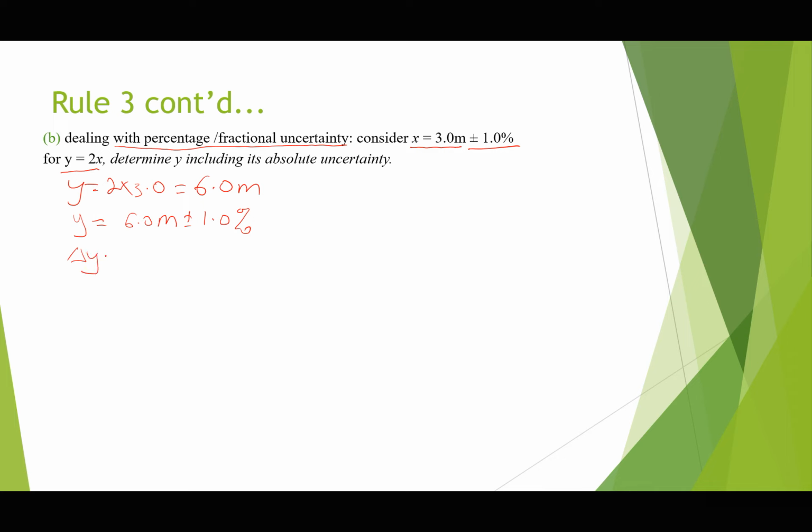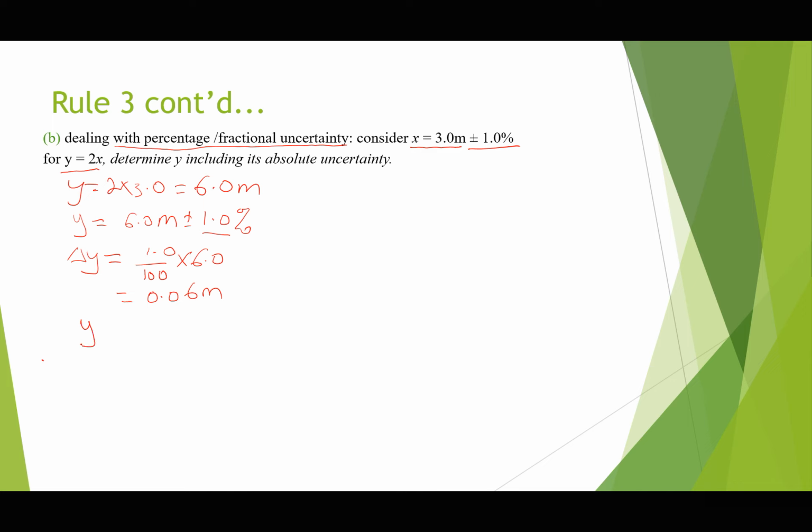So the absolute uncertainty in y will be equal to, first remove the percentage, that is 1.0 over 100, times the true value, which is 6.0. Let's see what we get here. So the absolute uncertainty in y will be equal to 6 divided by 100, that is 0.06 meters, of course, because it is absolute.